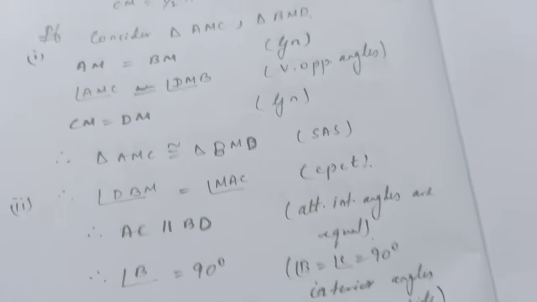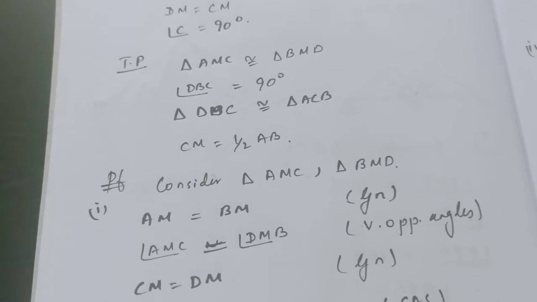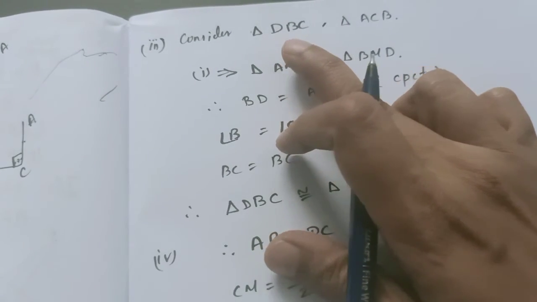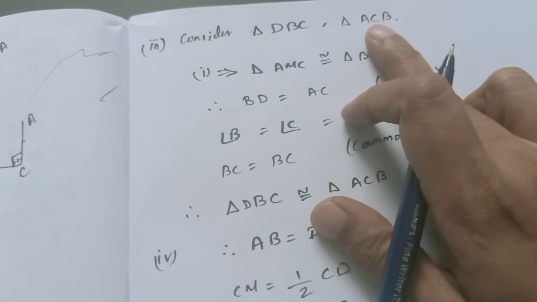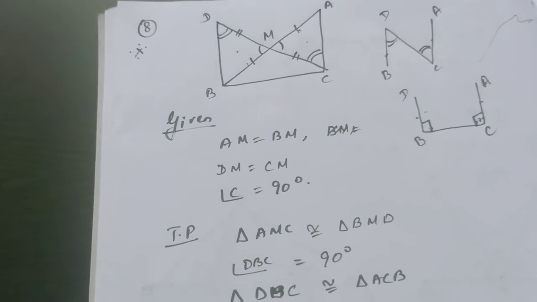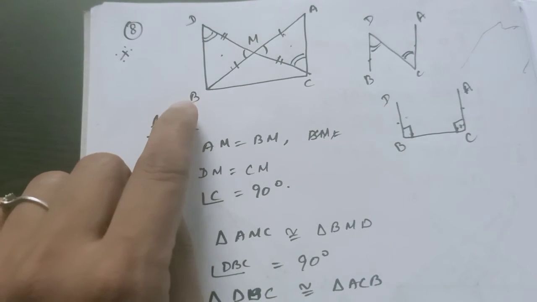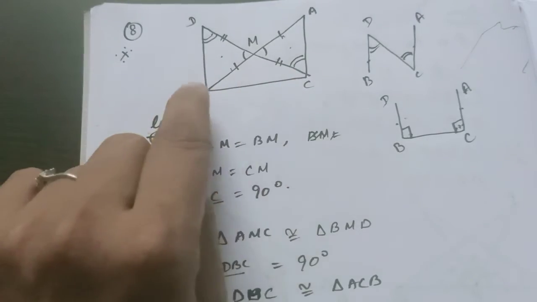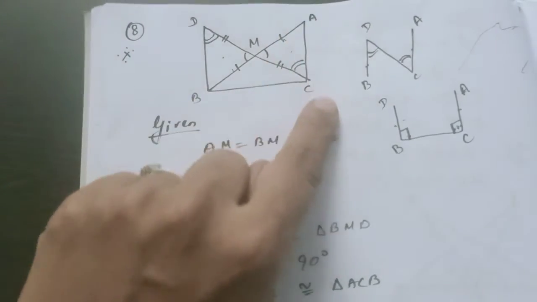Now we come to the third subdivision. In the third subdivision, they are asking us to prove that triangle DBC and triangle ACB are congruent. So see how we are getting the triangles. DBC is this triangle, and ACB is this triangle.